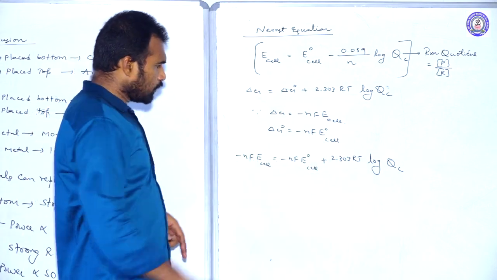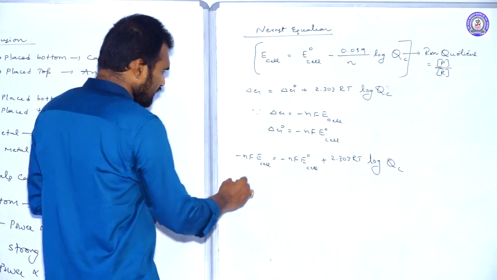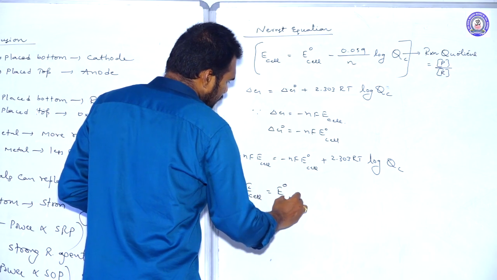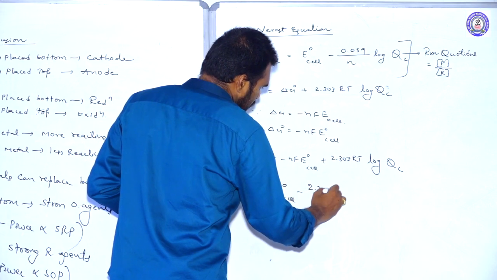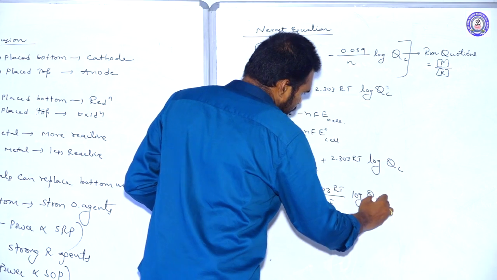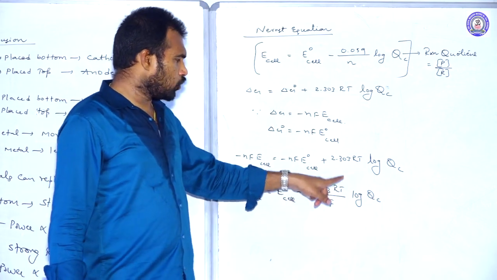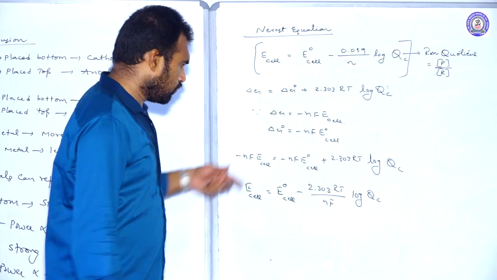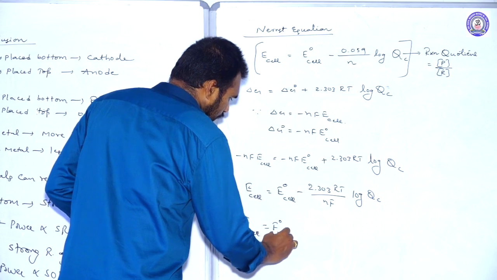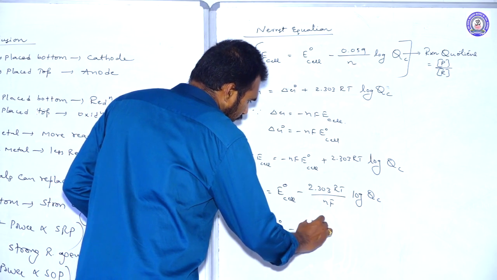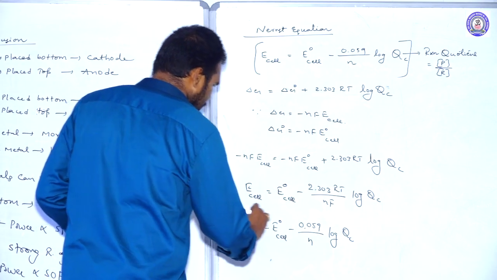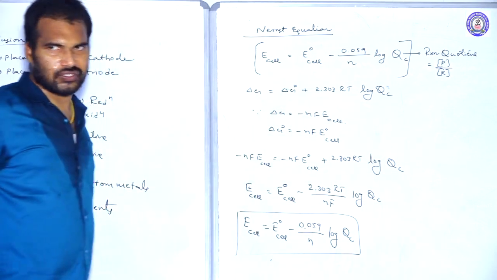Divide all the terms by minus NF, so minus NF cancels. Finally E cell is equal to E naught of cell minus 2.303 RT by NF log QC. If you substitute the R value, temperature and Faraday's constant F, finally we get E cell is equal to E naught cell minus 0.059 by N log QC. This equation we call the Nernst equation.